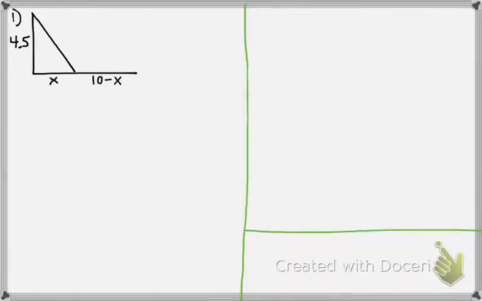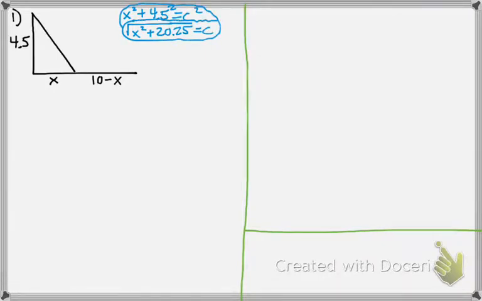So if you use Pythagorean Theorem, x squared plus 4.5 squared is equal to c squared. So the square root of x squared plus 20.25, if you actually square 4.5, to get c. So this will be what c is equal to.